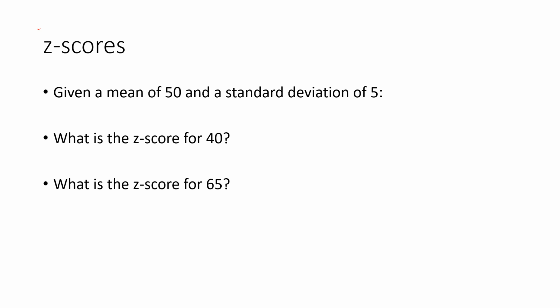Well, if you remember the z-score formula, z equals x minus the mean, divided by the standard deviation. So here, for 40, this is going to be 40 minus the mean of 50 divided by the standard deviation of 5, so we end up with negative 10 divided by 5, or negative 2.